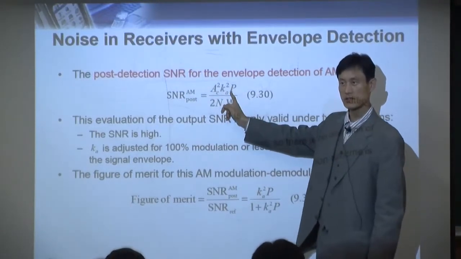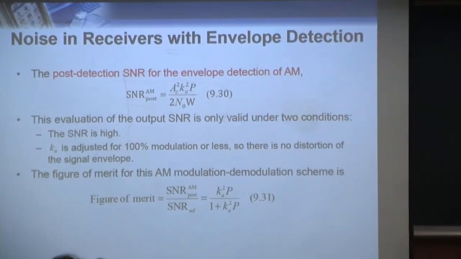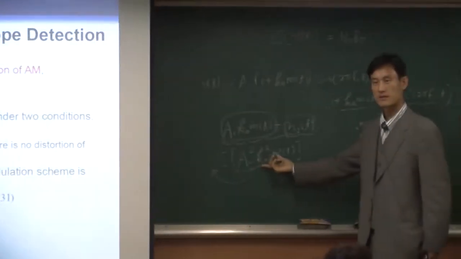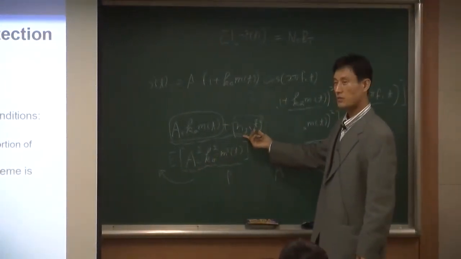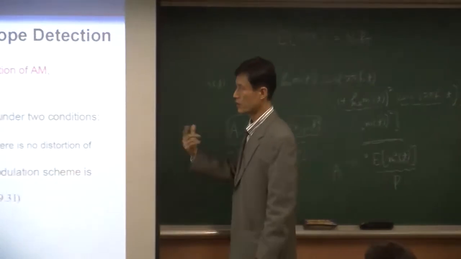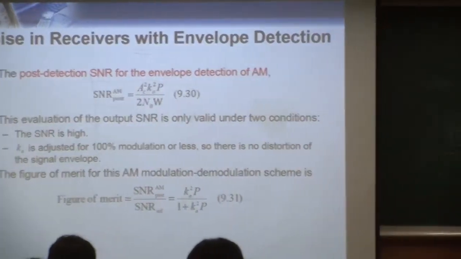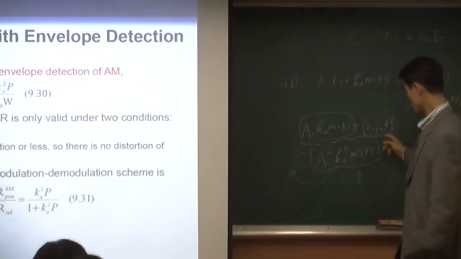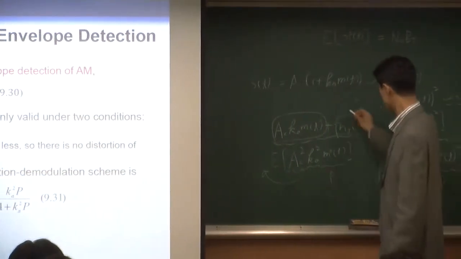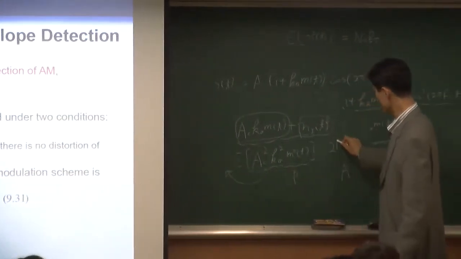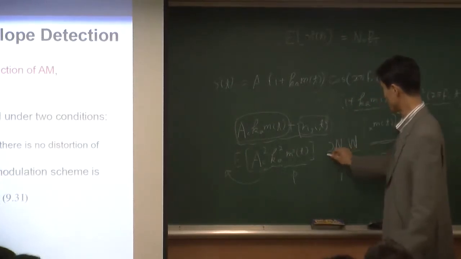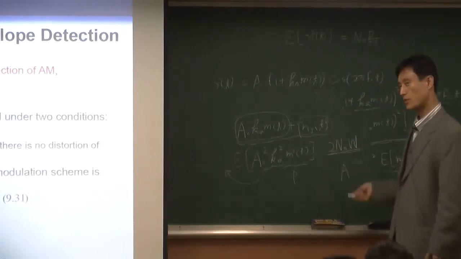This is our signal power. And for noise power, we did the same. Actually, for noise power here in the post detection, this n_I(t) is going to be 2 and not W. Why was that?